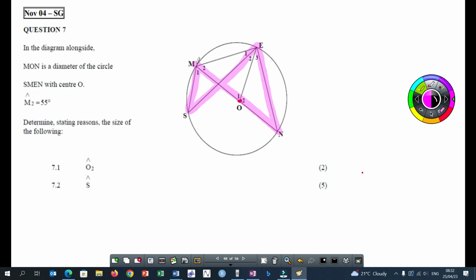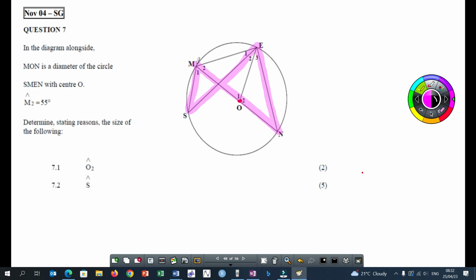There are triangles, which means I might need to use geometry of triangles. Because there is also a center, angle O2 or O1, I might need to use theorem 2. So this whole question requires application of the center theorems, theorem 2, 3, and 4.